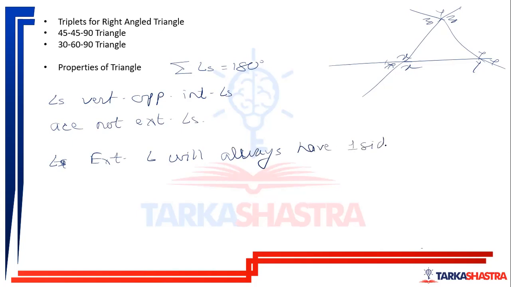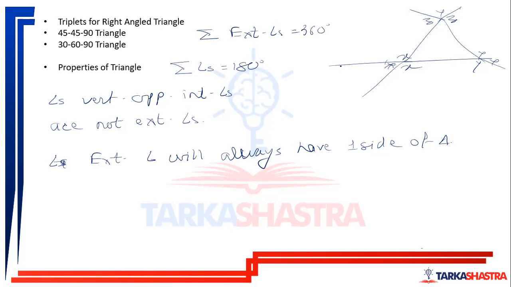Correct? One side of triangle as an arc. So the sum of all the exterior angles of a triangle is 360 degrees. Okay, ये एक basic property है, हमेशा ध्यान में रखना.